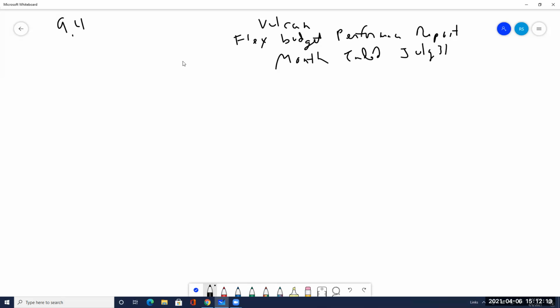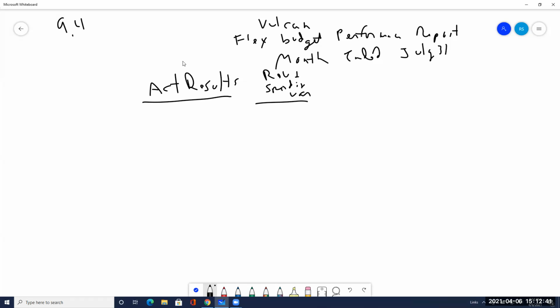Okay, so what we're going to have here are a total of 5 columns. We're going to start over here with actual results. Then we're going to have revenue and spending variance, which is what we just did on the other one.